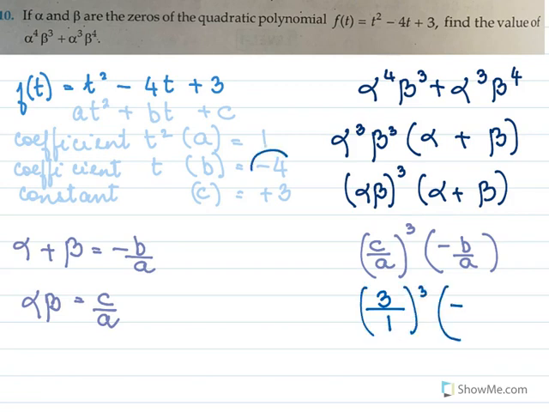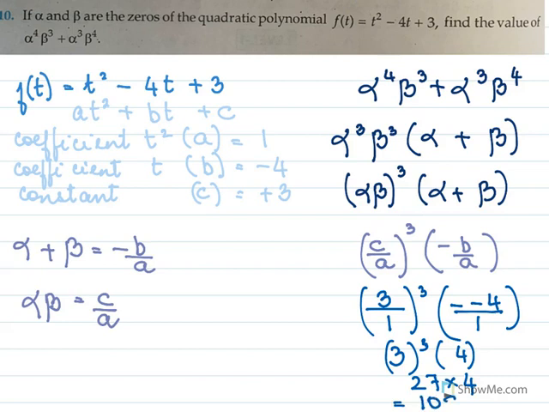Now minus, b is minus 4, so minus of minus 4. And a is 1. So we have 3 cube into 4. 3 cube is 27. 27 into 4 is equal to 108.